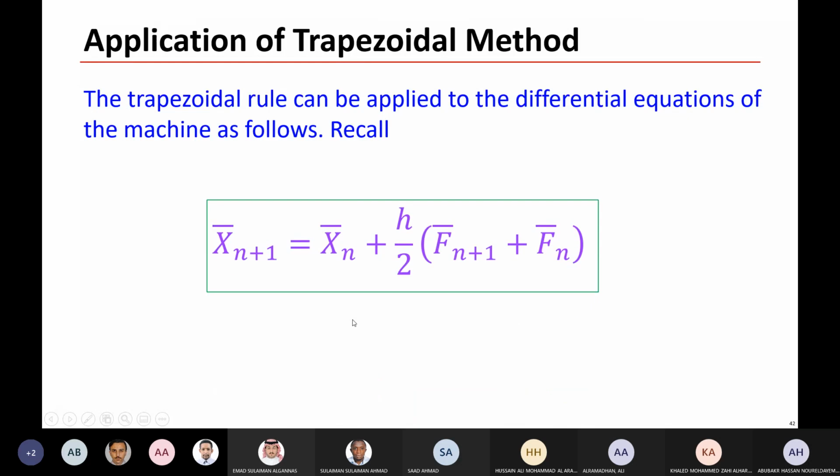So this is simply the recursive form of the trapezoidal rule. X at iteration n plus 1 equals the solution. Now we need x of t, by the way. This is our solution in general, x of t.